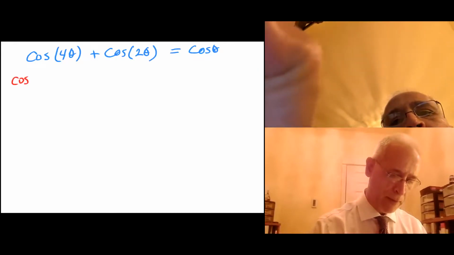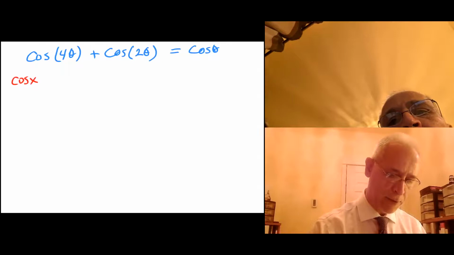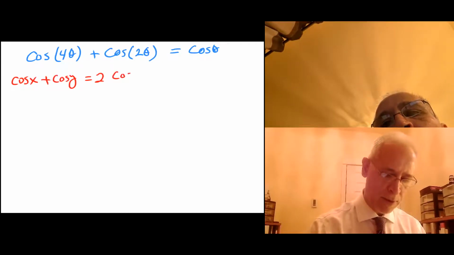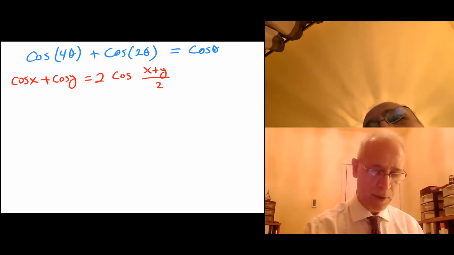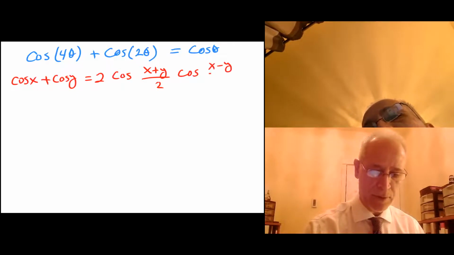The formula is cosine x plus cosine y equals twice cosine of (x plus y) over 2 times cosine of (x minus y) over 2.